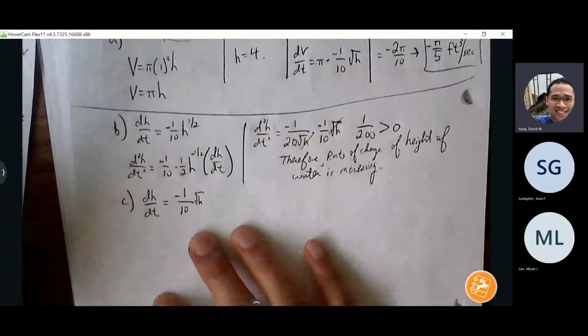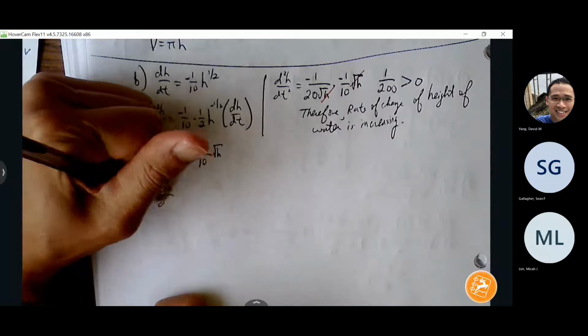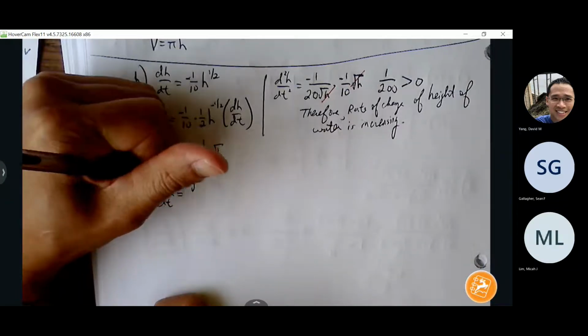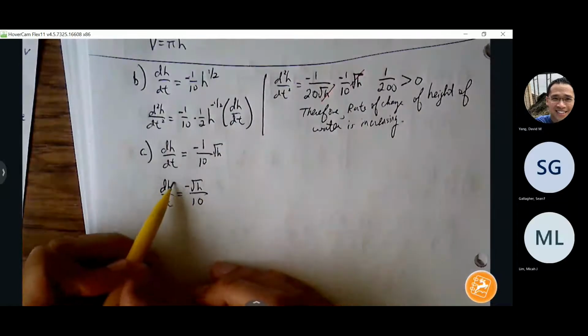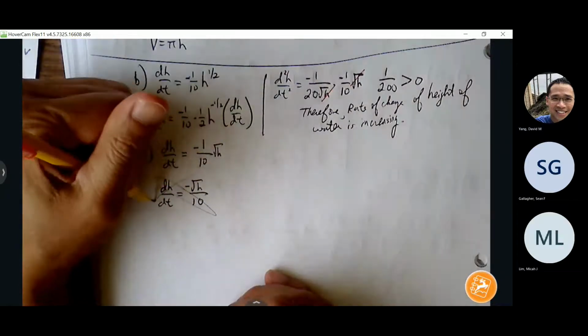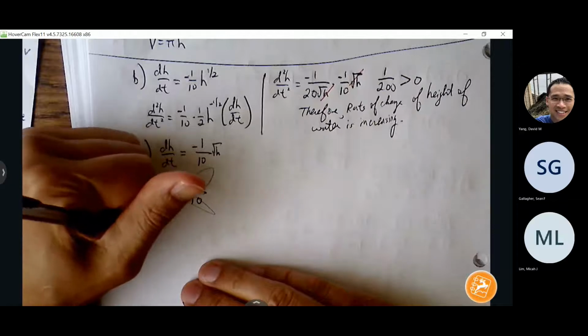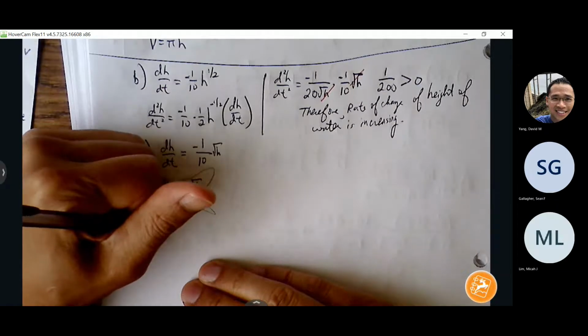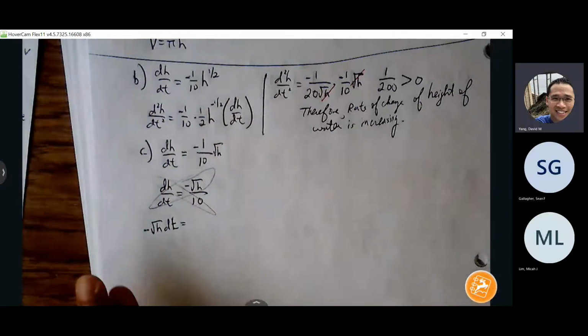All right, let me get this set up and ready so that I can separate the variables. I'm going to cross multiply first. Okay. Negative root h dt equals 10 dh. So I want my h's on the left.